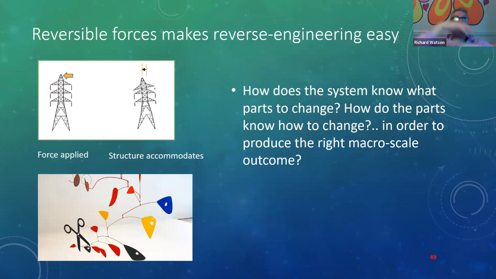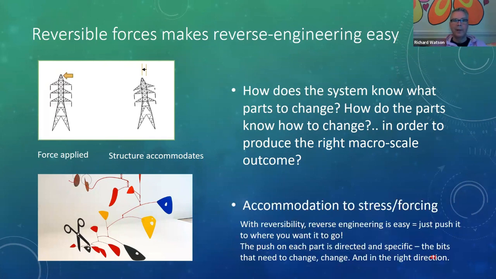Similarly, a mobile that's all balanced in equilibrium, if you add a weight or cut off a weight, the others all adjust in such a way to find equilibrium again, because the forces are translated through that system to the rest of the system in a way that tells it how to change in order to produce that outcome. So accommodation to stress or forcing is easy when you have reversibility. You just push it where you want it to go. You push on each part, and the response on each part is directed and specific. The bits that need to change, and they change in the right direction.